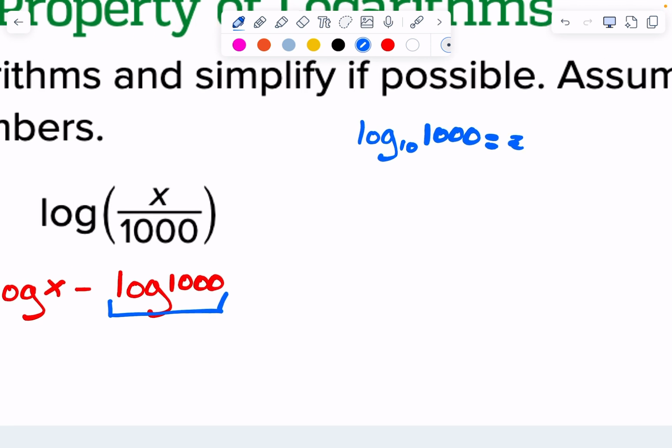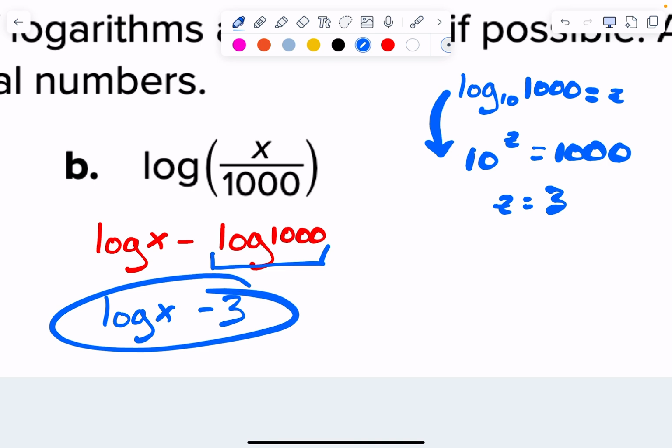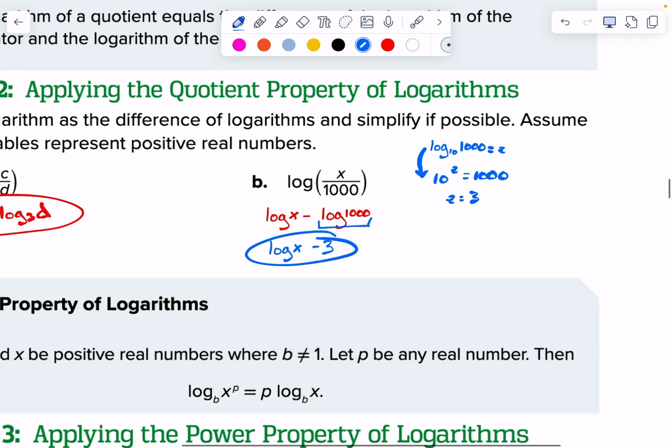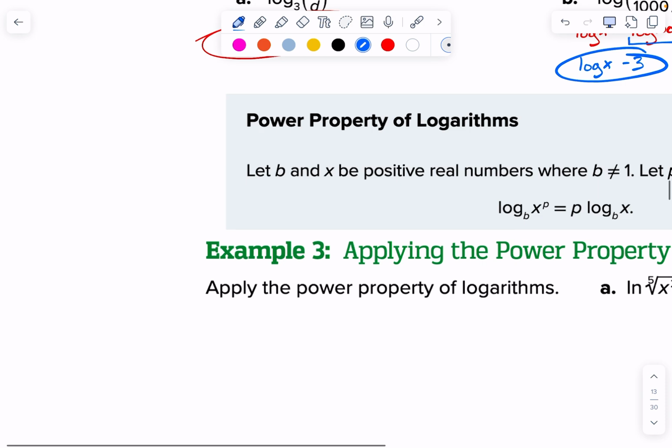We'll use a number other than x. So this is saying 10 to the z power equals 1,000, and z is 3. So what will this look like then? Log x minus 3, because that's what log of 1,000 is. Beautiful, beautiful.